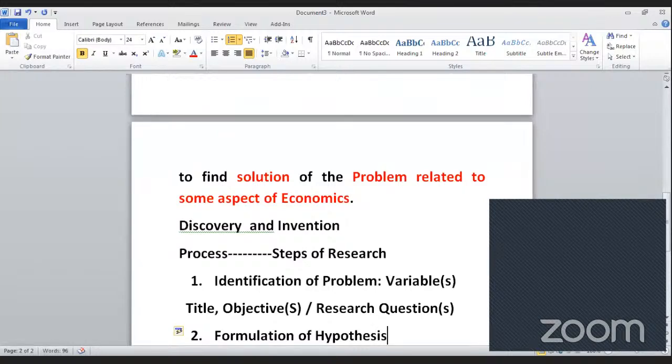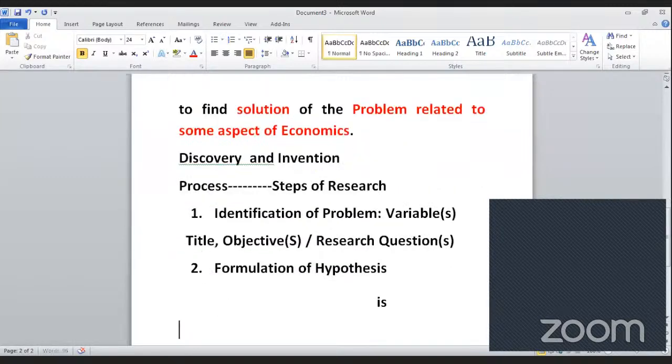Formulation of hypothesis is the second step. Please understand what exactly is a hypothesis. Let us see. Hypothesis is the tentative solution of the problem.